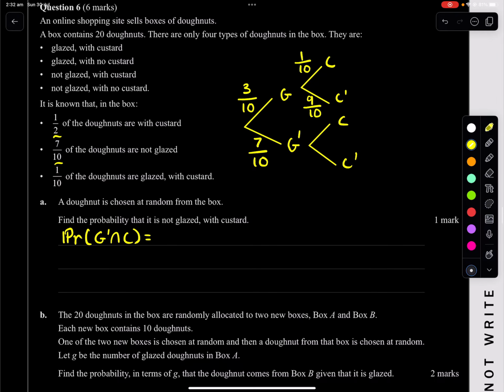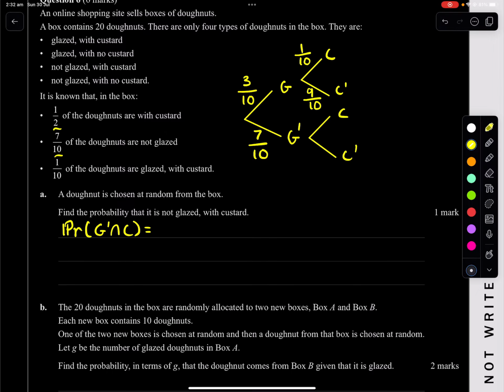So we want to find the probability that it is not glazed with custard.